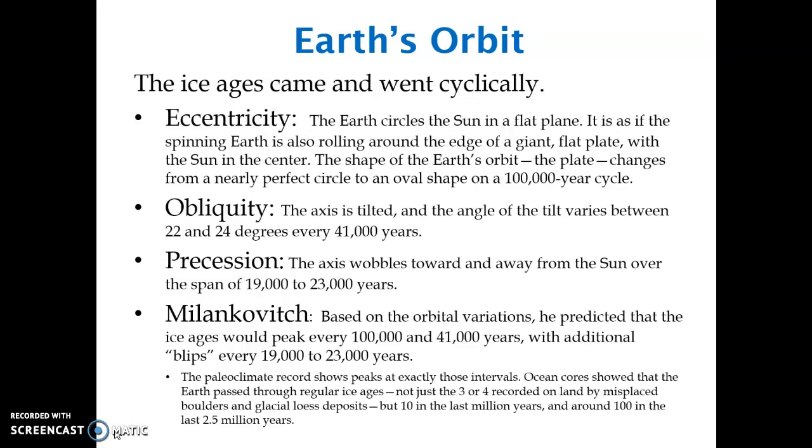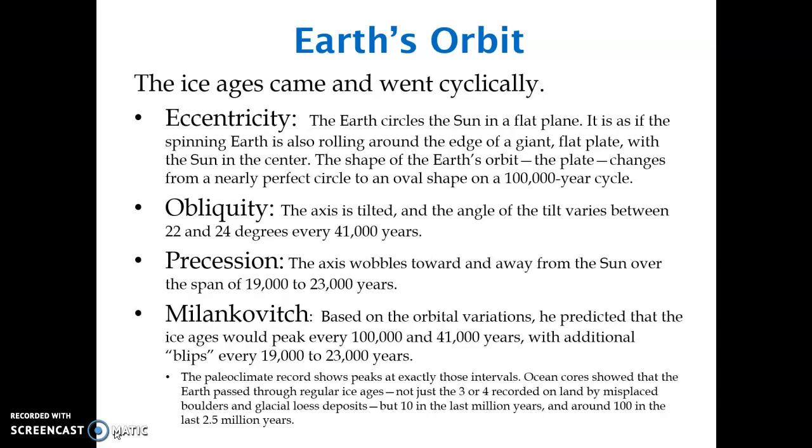The second is obliquity, and the Earth is tilted on its axis, and the angle of the tilt can vary slightly, between 22 and 24 degrees, and this occurs every 41,000 years. The next is precession. The axis wobbles toward and away from the sun over a span of 19,000 to 23,000 years.